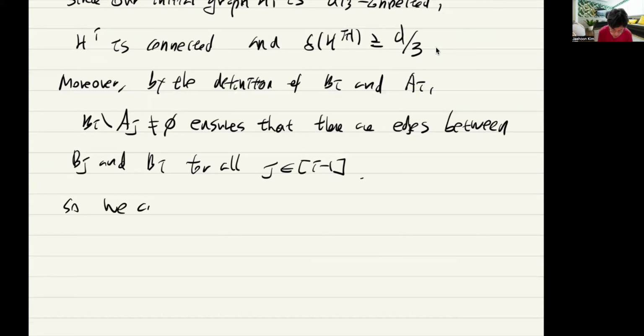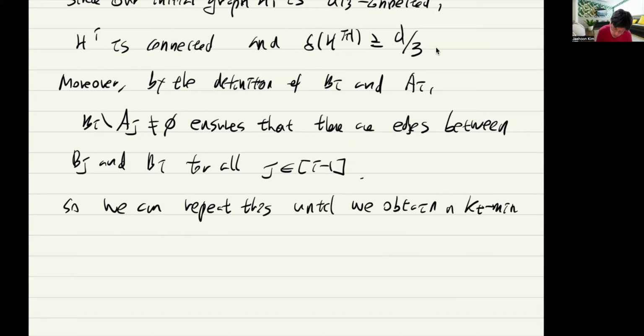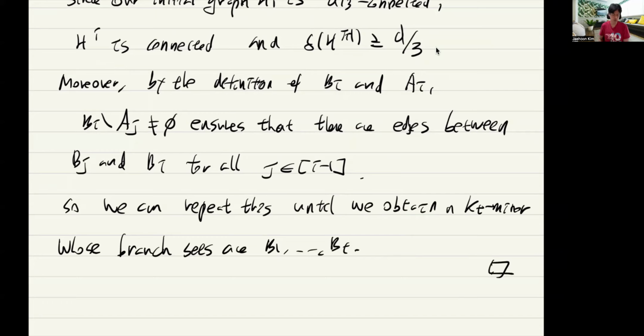So we can repeat this until we obtain a K_t minor whose branch sets are B1 to B_t. So this proves what we want.